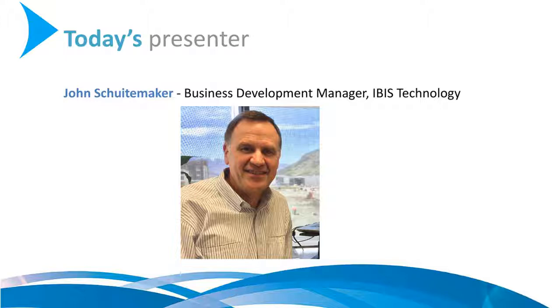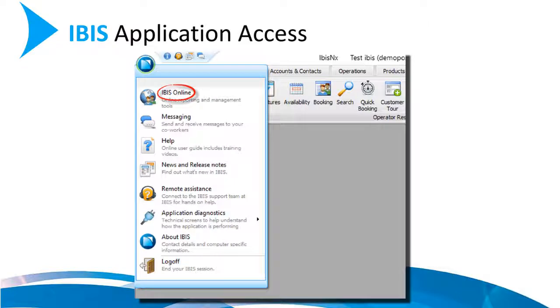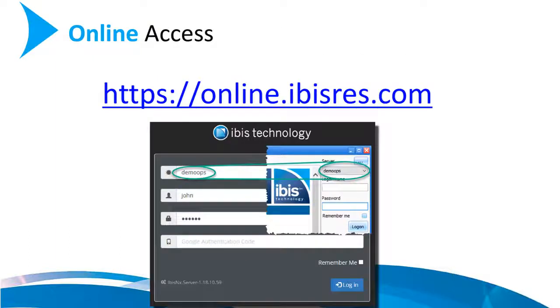Okay? So one of the first things that we need to do when accessing Ibis online reports is, how do you access it? Well, there are a couple ways. One is to go into your Ibis application and click in the upper left-hand corner on the Ibis logo, and you'll see a drop-down, and that'll get you to Ibis online reports. And then the other way is to just do it online.